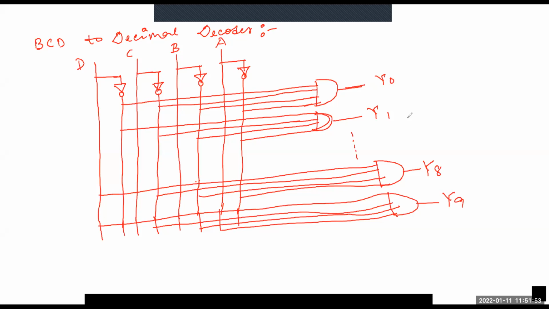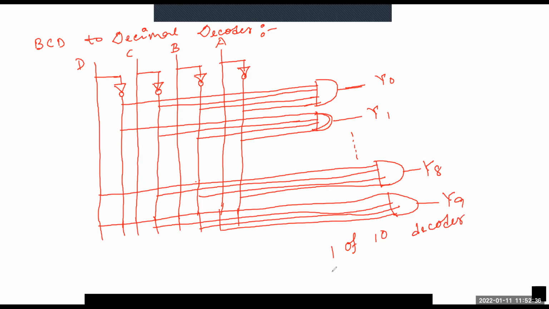It is easily accessible. For example, when any output from y0 to y9 goes high, it is because the corresponding BCD code has been applied at the input. This type of decoder is also called a one of 10 decoder.